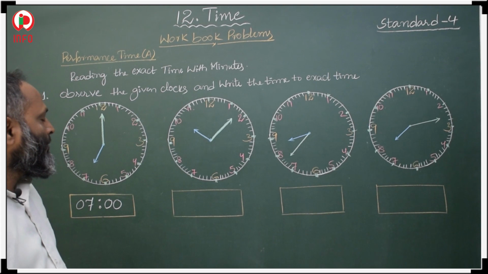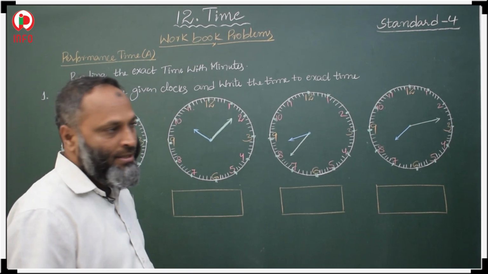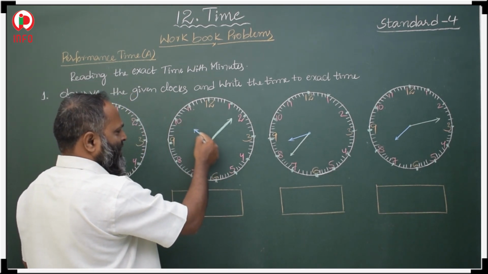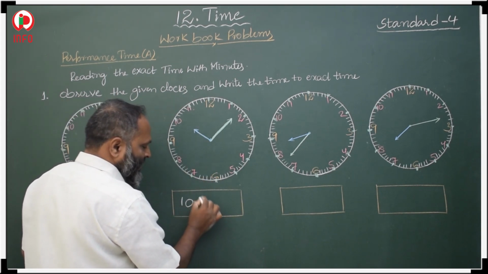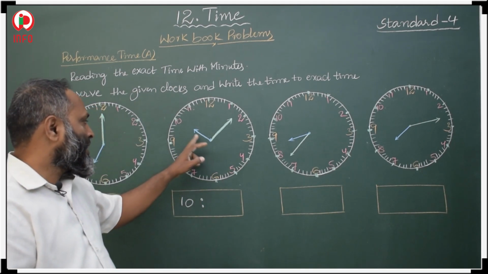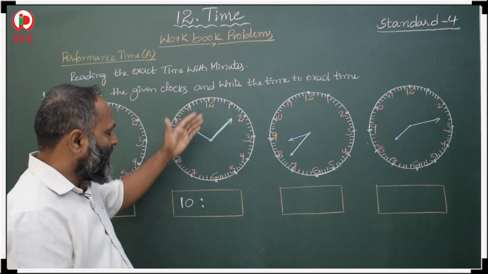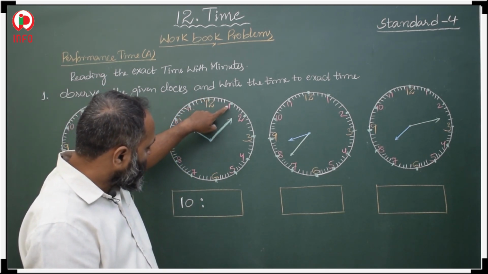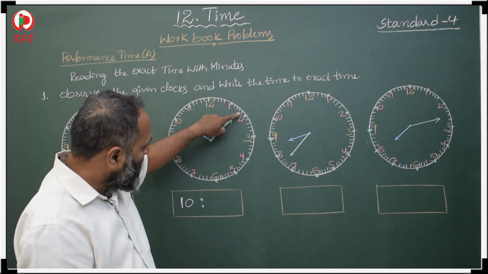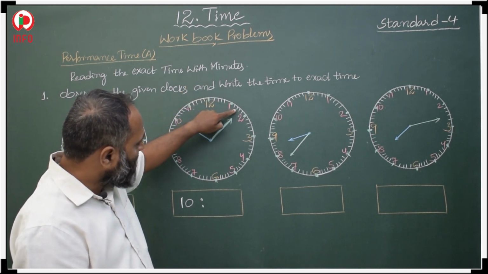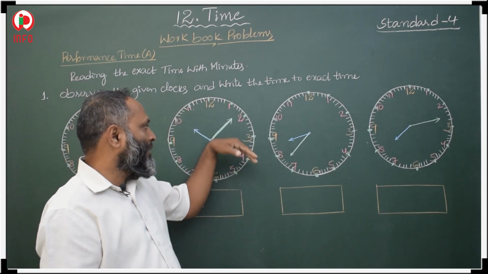Now in this second clock, the hours hand, the shorter hand, is at 10. After that we check where the minutes hand is.